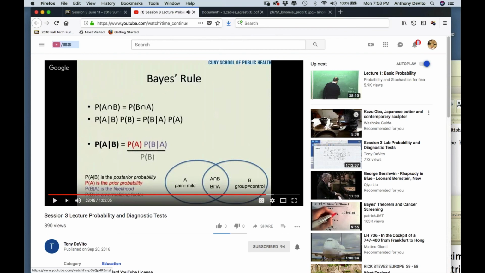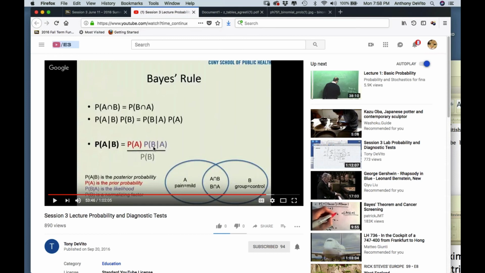Now, each of these terms, if you look at this carefully, what do we have here? We have the probability of A given that B has occurred. Remember our diagnostic test? The probability of having the disease, A, given that you've tested positive, B. What is the probability that you actually have the disease, given that you have a positive test? And what was that equal to? It was equal to the probability of A, the probability that you have the disease, the prevalence, times the probability of B given that A has occurred.